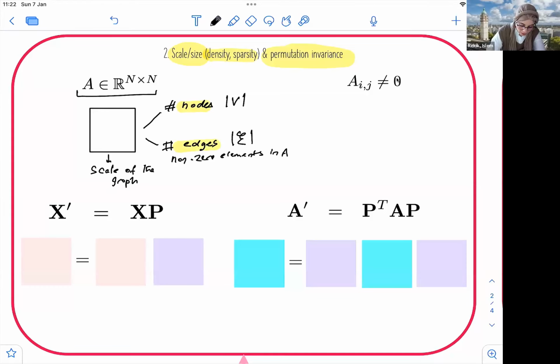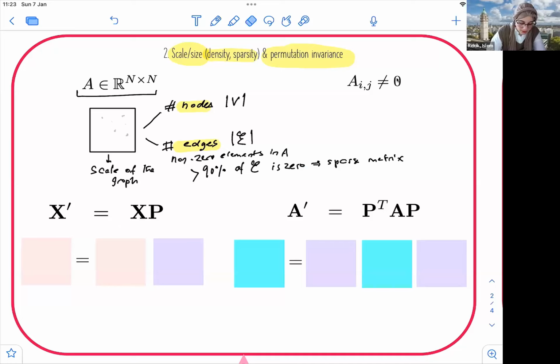So if, for example, more than 90% of the entries are 0, then we call this a sparse matrix. It means that we have lots of zeros in our matrix, so our matrix becomes sparse, which means we have sparsity.